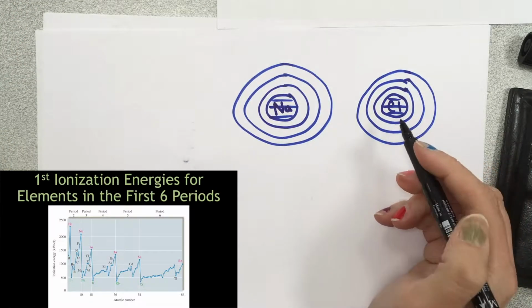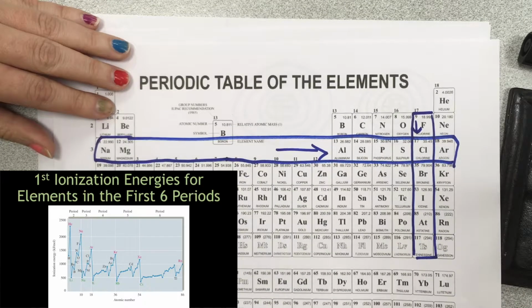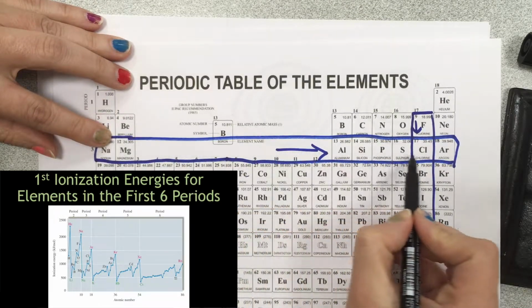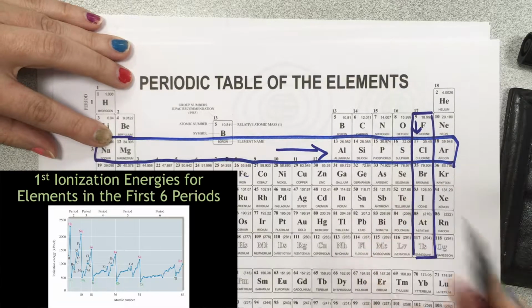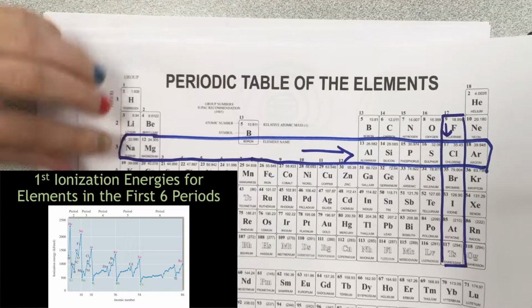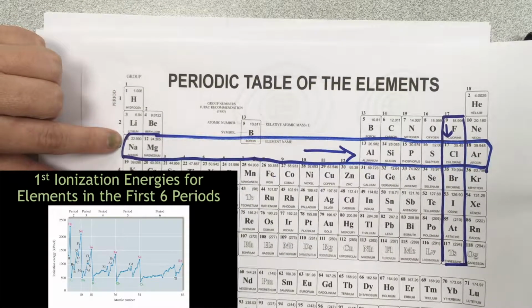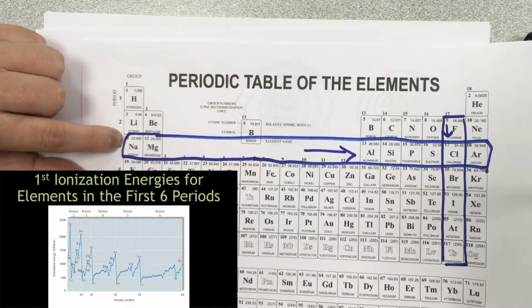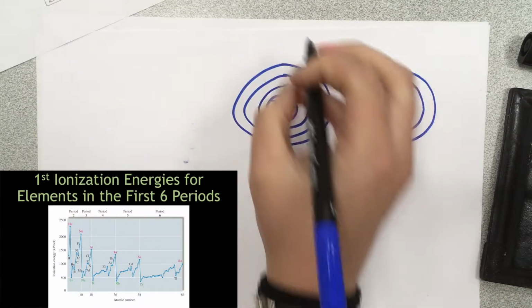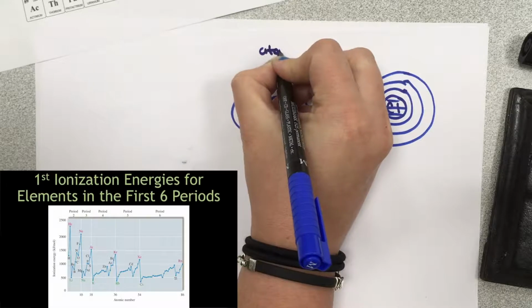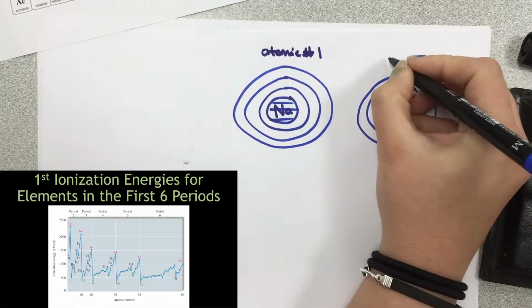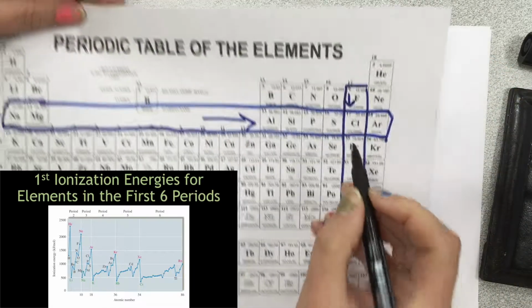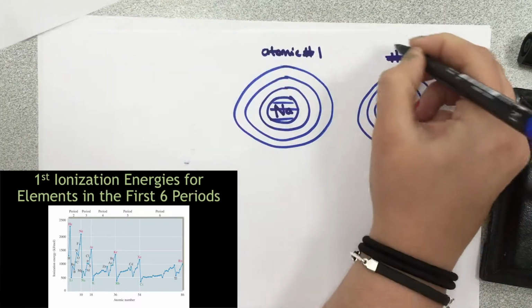But it actually gets more difficult as you go across the period to the right because you're increasing the number of protons. So when you increase the number of protons, for example, sodium is atomic number 11, and chlorine is atomic number 17.